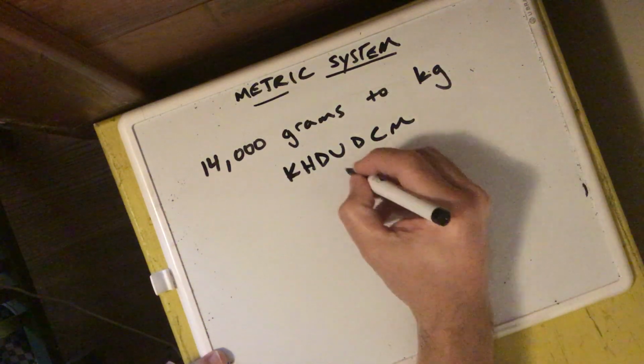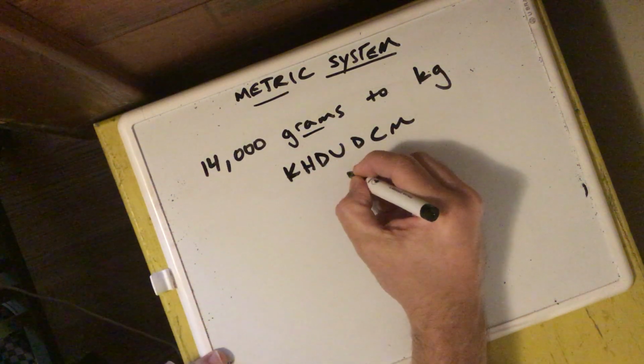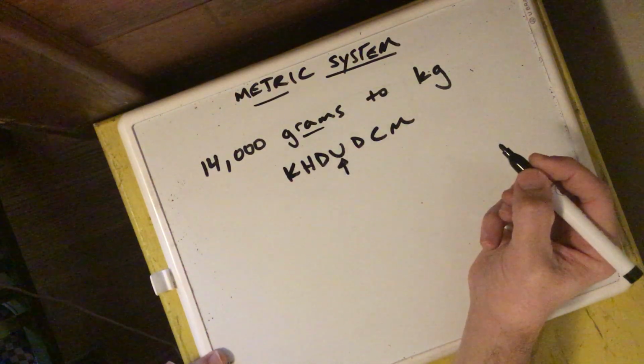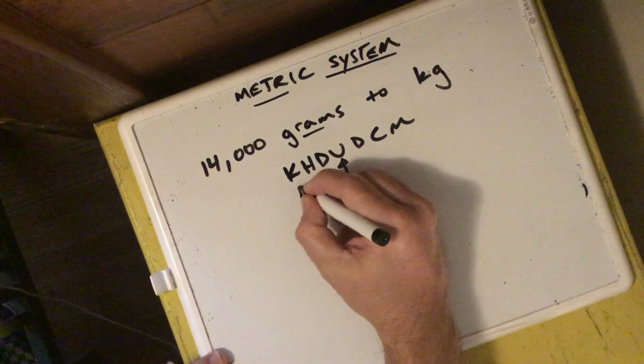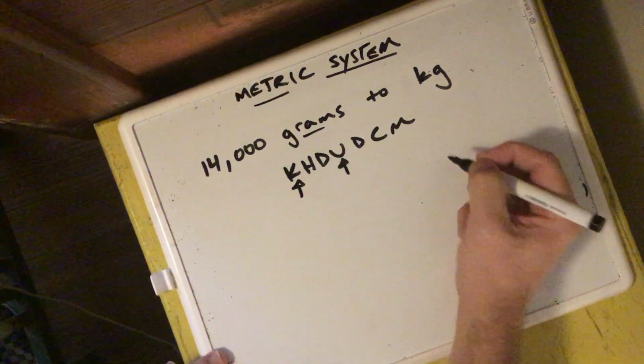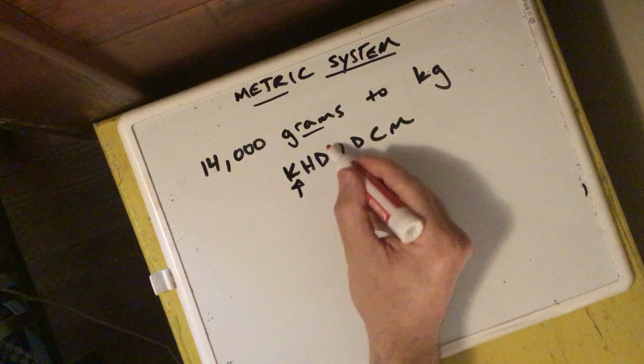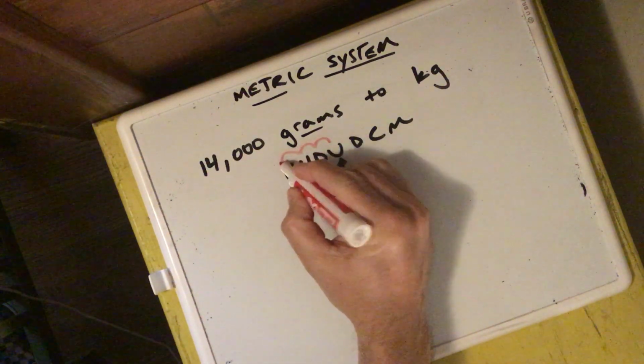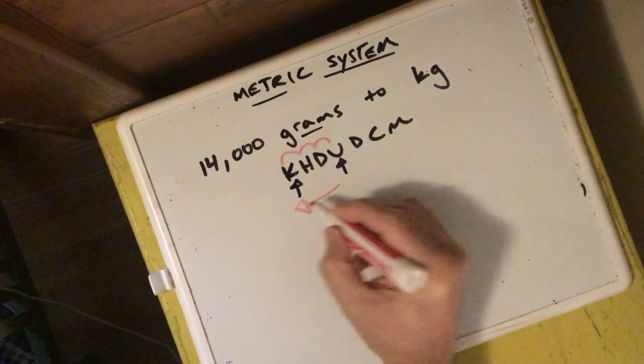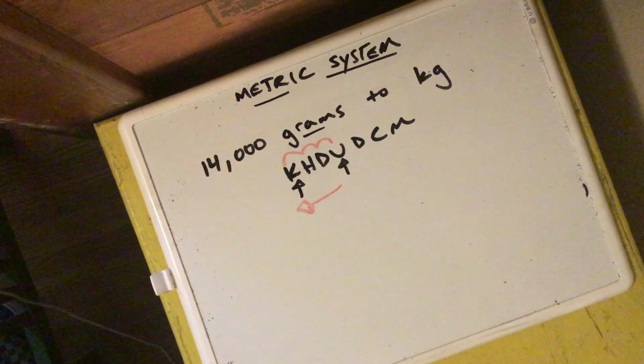Figure out where you're starting at. Grams is a base unit. So we're starting at the U, and we want to get to kilo, which is the K. So we have to move the decimal point 1, 2, 3 spaces to the left in order to get the right answer.